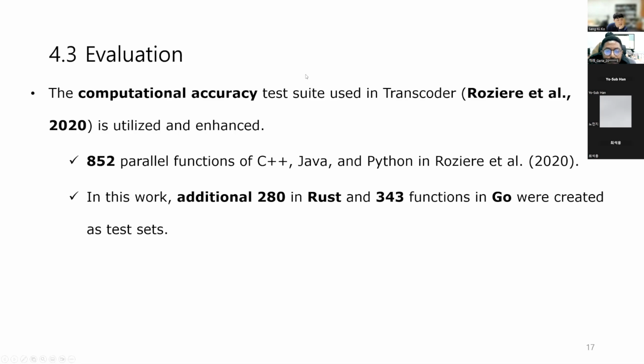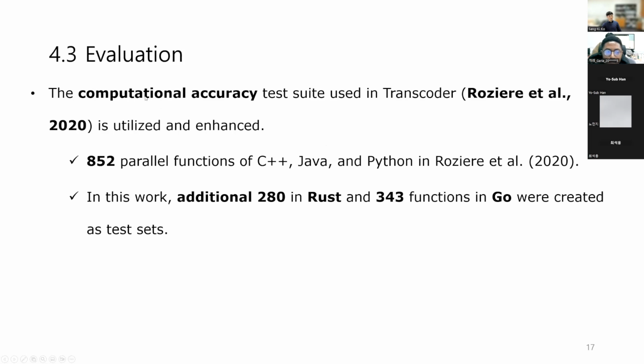If the translation matches the unit test, or if it passes the unit test, it is referred to as good computational accuracy, or the translation is good. If it fails that unit test, it's considered a failed code translation or low computational accuracy.